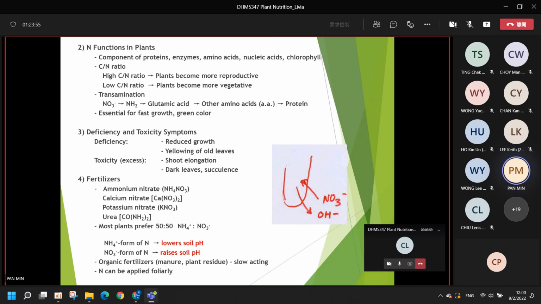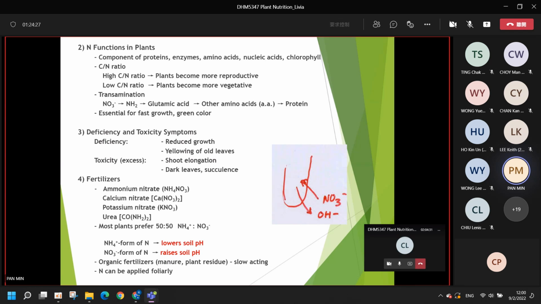So half for the fertilizer. For the nitrogen fertilizer is the best choice for it. And ammonium for the nitrogen application, it will lower the soil pH, because when you apply the cation form ammonium nitrogen, it needs to release one hydrogen ion in the soil solution, that will decrease soil pH.